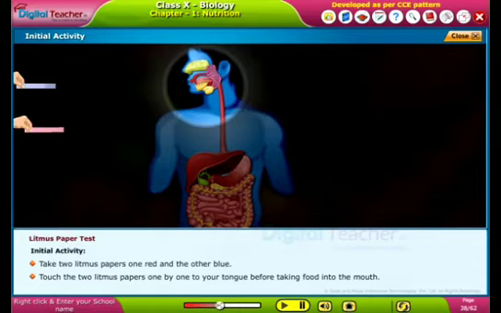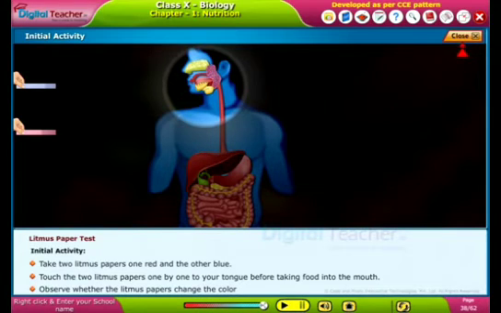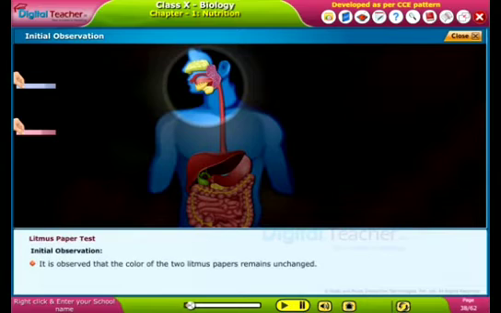Touch the two litmus papers one by one to your tongue before taking food into the mouth. Observe whether the litmus papers change the color. It is observed that the color of the two litmus papers remain unchanged.